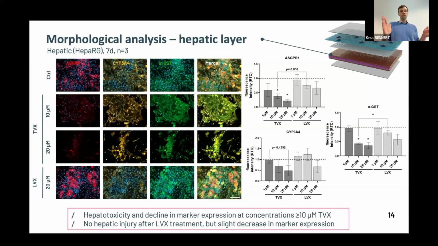So you see hepatotoxicity occurs here in the hepatic compartment, in the HepaRG, when you use concentrations of trovafloxacin that were 10 micromolar or higher, and levofloxacin didn't show any hepatic injury, but a slight decrease in the marker expression.